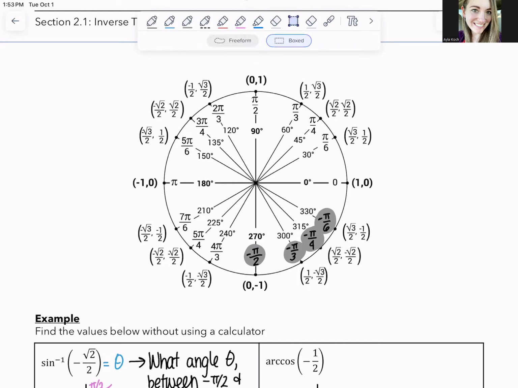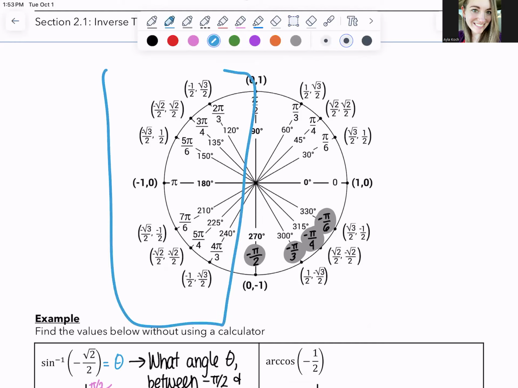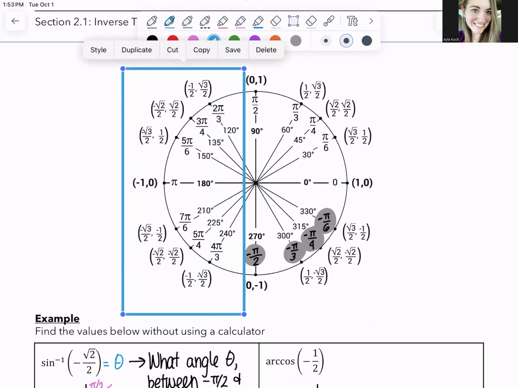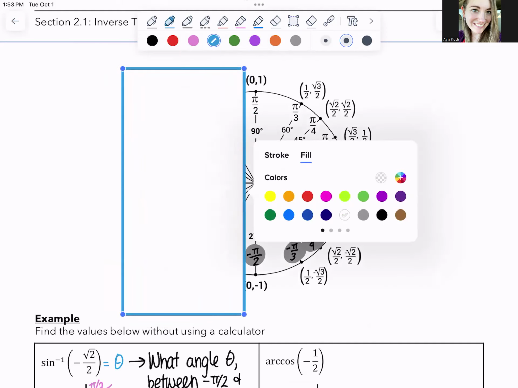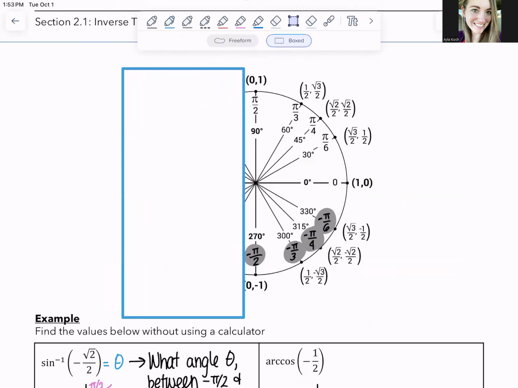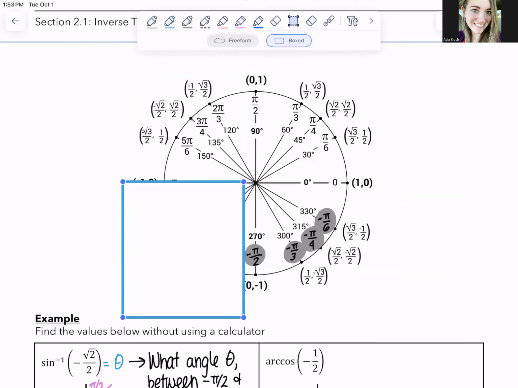And truly and honestly, we don't care at all what happens on this side over here. I don't care what happens over there because, well, we do care actually. Hold on. We care later. We care what goes on in quadrant 2 when we talk about cosine.